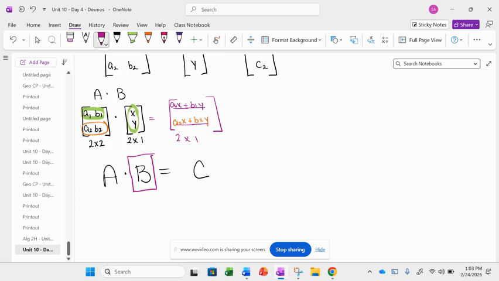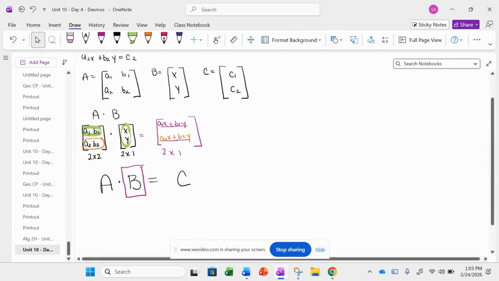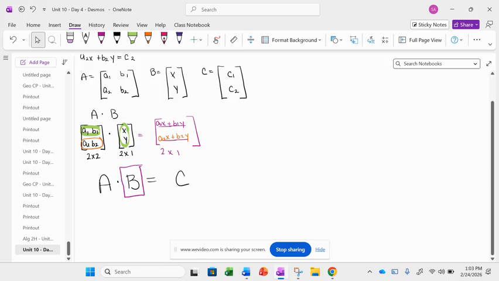So I'd need to solve for matrix B. Now, to solve for matrix B, I would need to isolate, think back to algebra 1. We need to isolate B, get it all by itself. But now, in order to get B by itself, I need to get rid of A. Normally, since it's being multiplied, we would just divide. But have I showed you how to divide matrices? No, because we don't divide matrices.